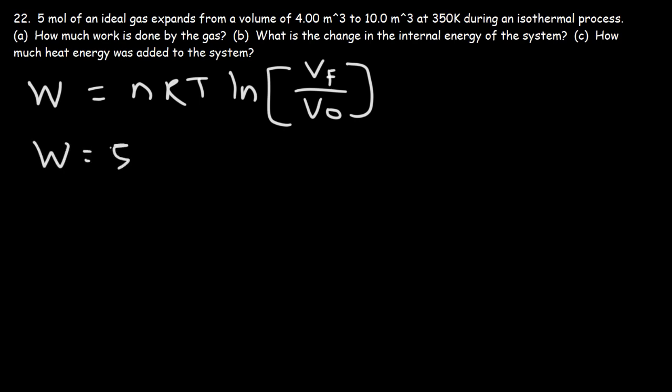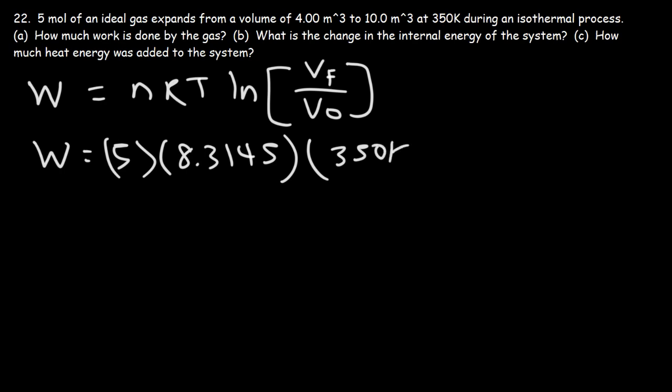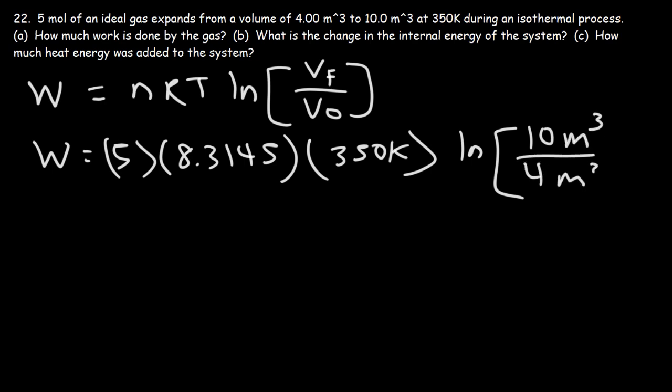So n is 5 moles, R is 8.3145 joules per mole per Kelvin, the temperature is 350 Kelvin, the final volume is 10 cubic meters, the initial volume is 4 cubic meters. So let's go ahead and plug this in.